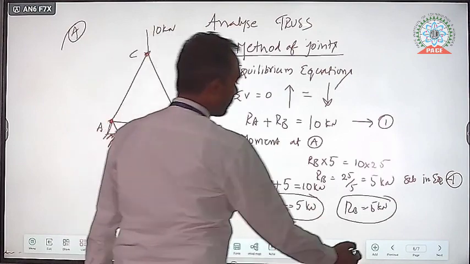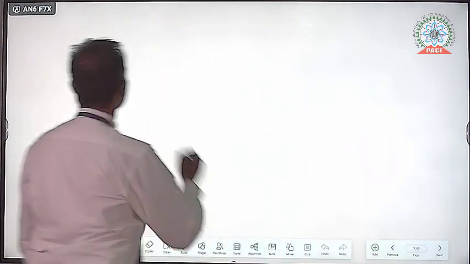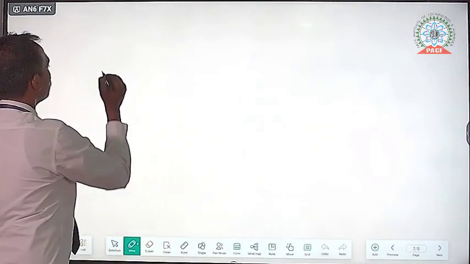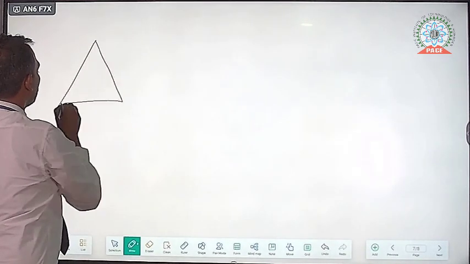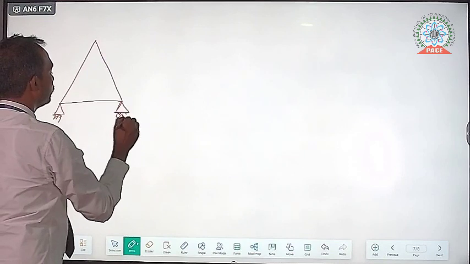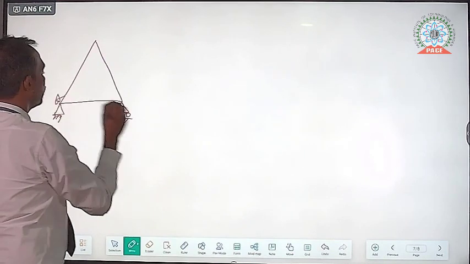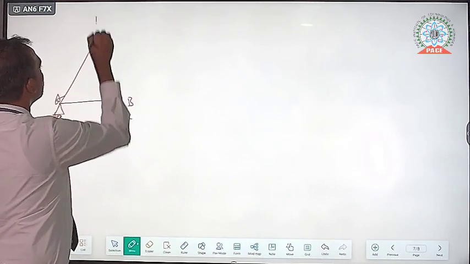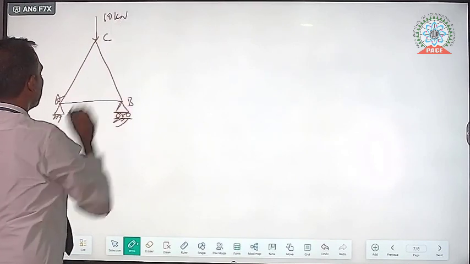Next, we have to draw the free body diagram for this A, B, C. 10 kilonewtons, this is 5 meters.